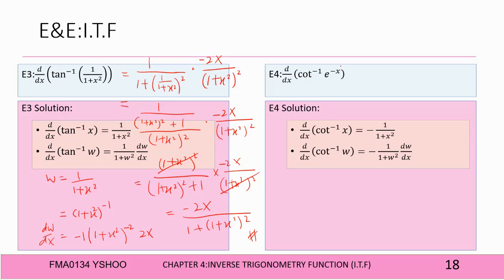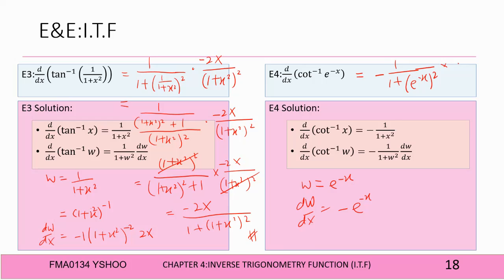So how about this one? Now our w will become exponent -x. For dw dx, differentiate exponent, always get back exponent, and don't forget the power of it is -x, so you're going to have a negative e to the -x. Then write back the formula, 1 plus e to the -x, squared.